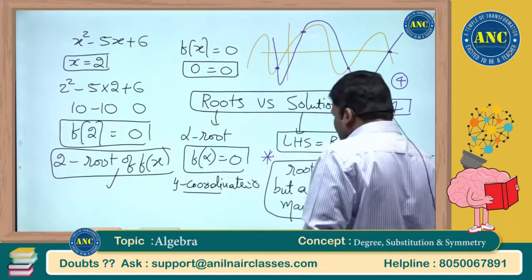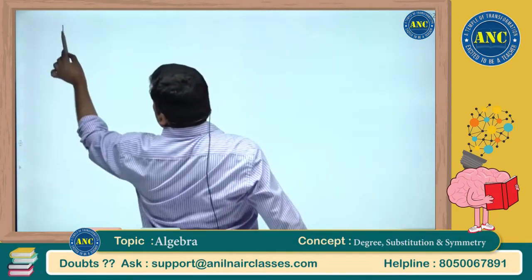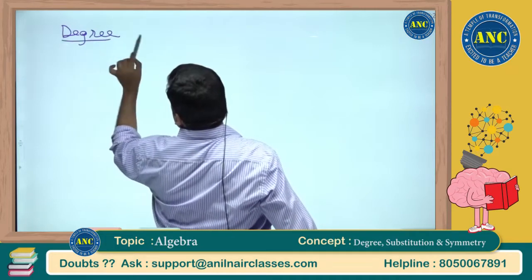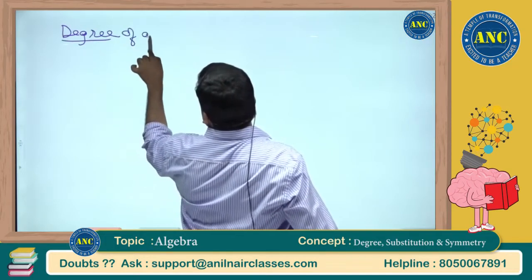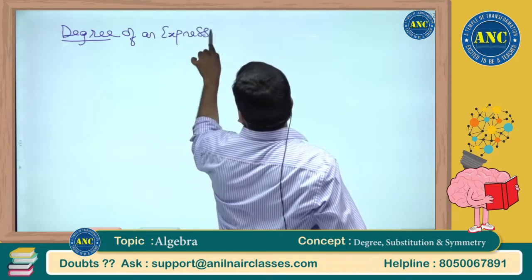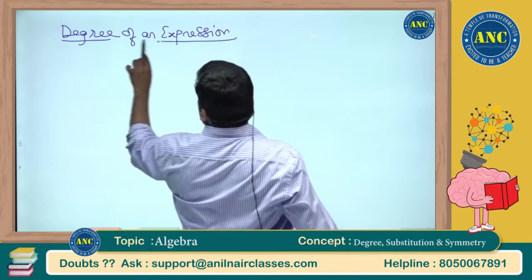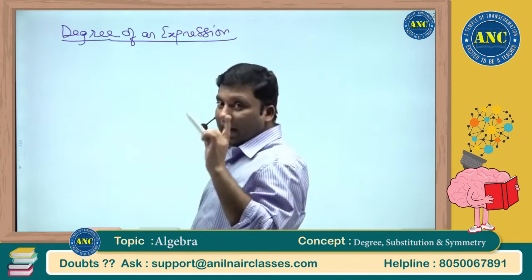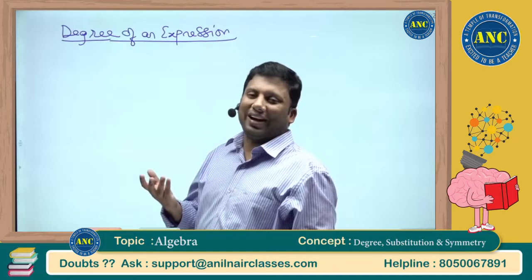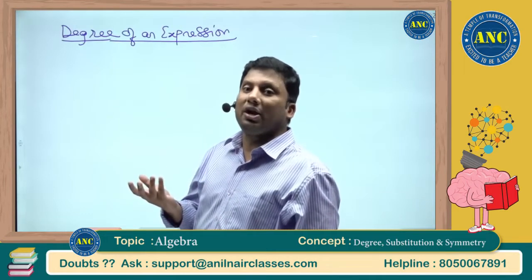Now, another very important concept, all the questions today are based on this: degree of an expression. How to calculate the degree? Degree can never be negative, because a negative power for x does not mean that it is a polynomial function.